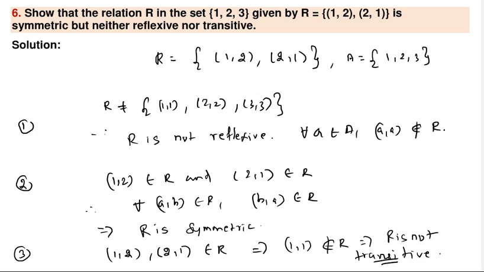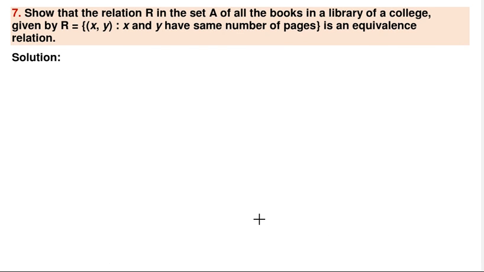Question number 7. Show that the relation R in the set A of all the books in a library of a college, given by R = the set of all ordered pairs (x, y) where x and y are two different books having the same number of pages, is an equivalence relation. What is the relation? Let us write the relation in set builder form.